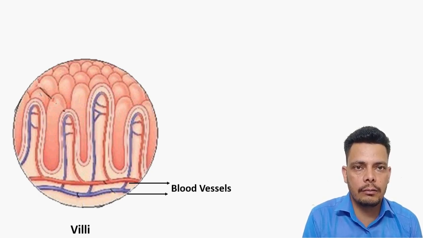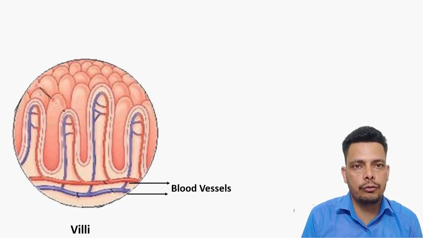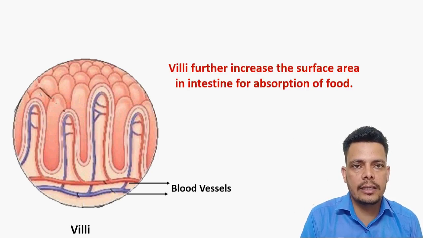So these villi help in taking nutrition from the food, and they also increase the surface area of the intestine. This is about the structure of the intestine, and there are small intestinal glands also present which secrete the intestinal juice that we will be discussing.